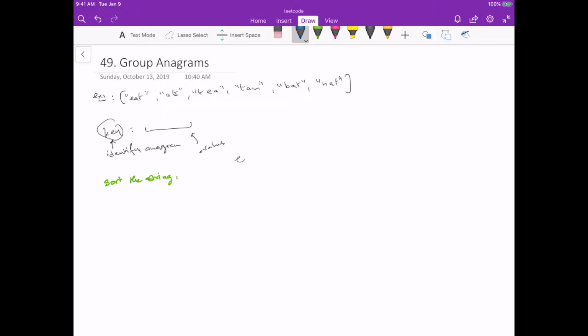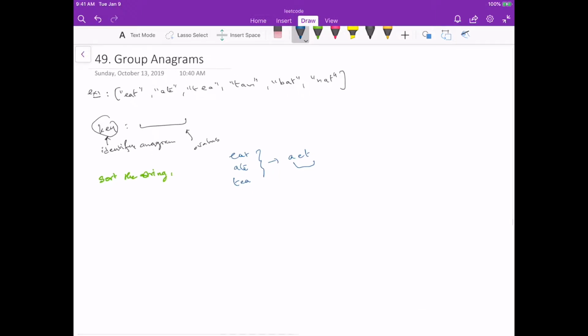Let's say for eat, ate, and tea, which all belong to the same anagram group, when we sort each of them, we get A, E, T, and this is unique for all of them. And so we can have this as the key and have these as the values, and the same thing with tan and nat.